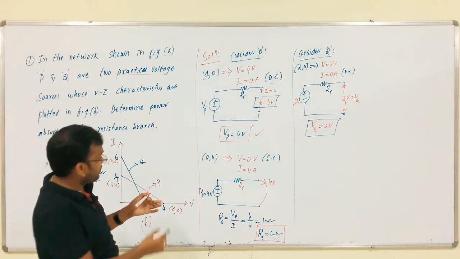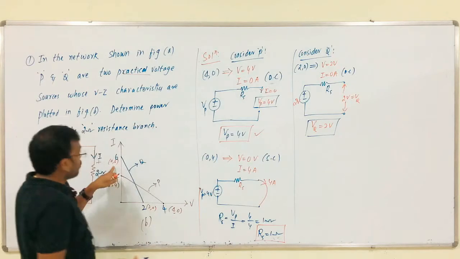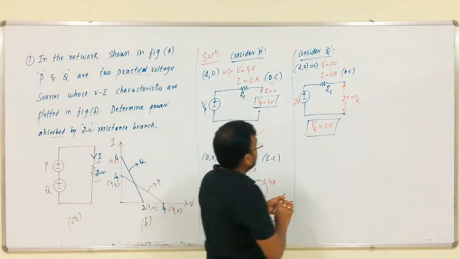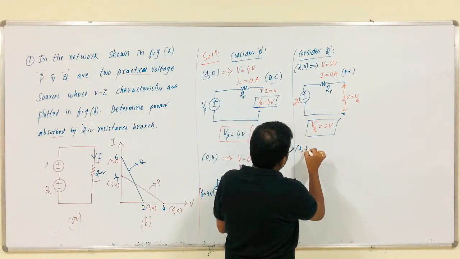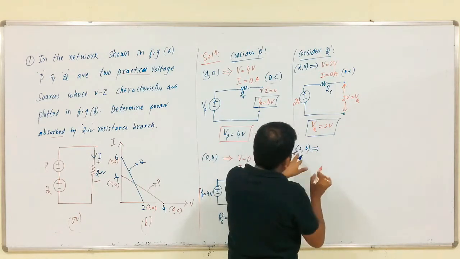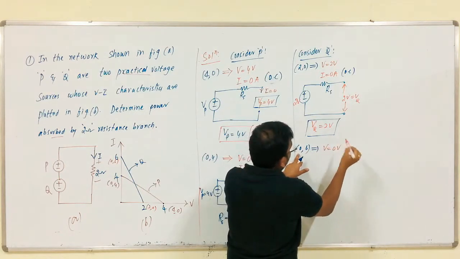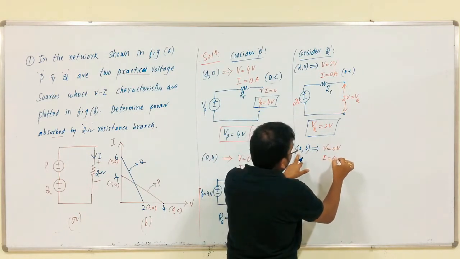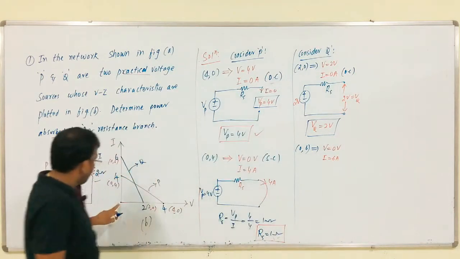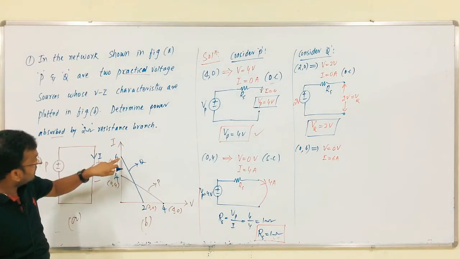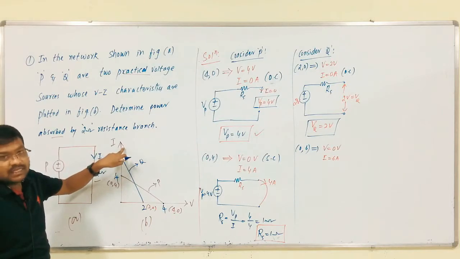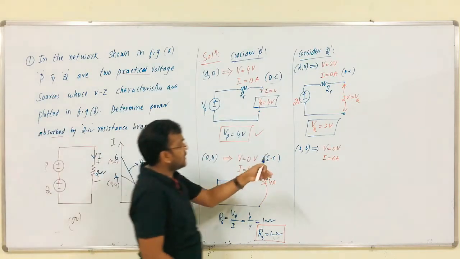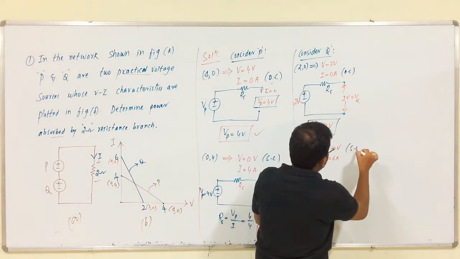Next, consider 0, 6. This 0 is voltage, and 6 is present on the y axis, which is nothing but current. So, 6 amps. So, here it is nothing but short circuited.